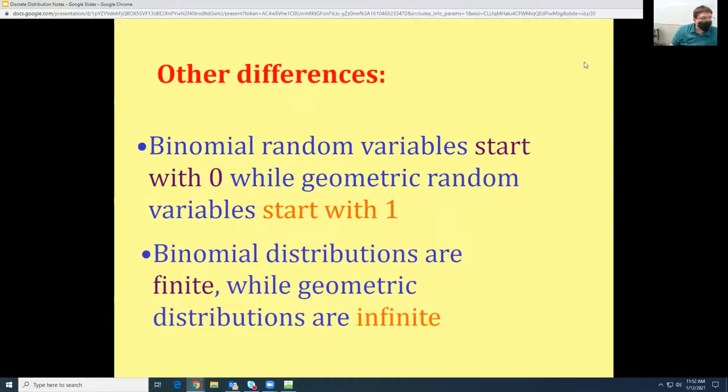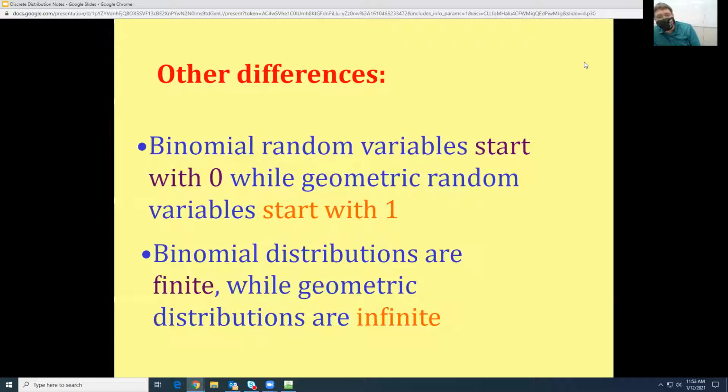All right, I already talked about this, but just as a reminder, other differences to be aware of between binomial and geometric. In binomial variables, X is going to start with 0 because you can actually have no successes. In geometric, you have to start with 1 for your X. I'm talking about that little table where you have all your X values and the percentages underneath. You have to start with 1 with geometric, because unless you do a trial, then you don't have an experiment.